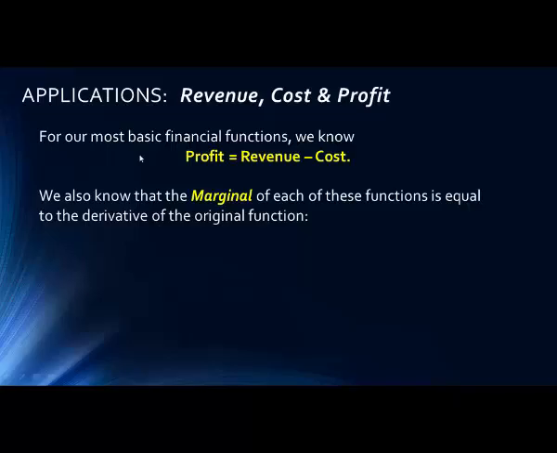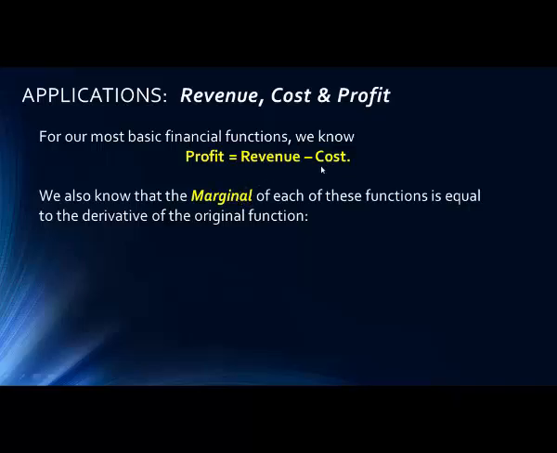We also know from earlier in this class that a marginal profit, marginal revenue, or marginal cost can be found by taking the derivative of the function. The marginal tells us how each of these functions changes, because it's a derivative, the instantaneous change per item.